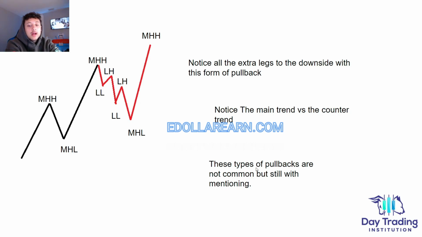These types of pullbacks are really not that common, but it's still worth mentioning because they definitely do happen, especially after a very big run. Now, notice again how we have our main levels of structure and then our minor levels of structure. A level of structure is not confirmed until price makes a new higher high in this situation or a new lower low.